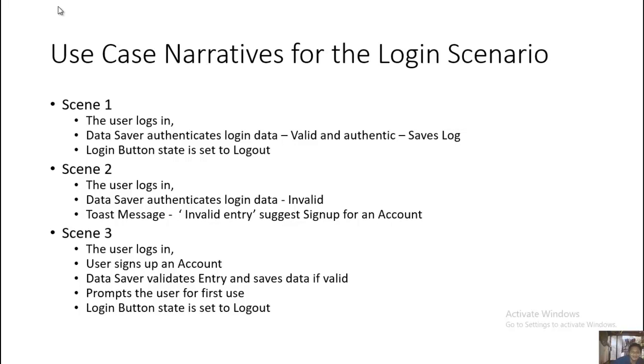If it is invalid, it shows a message of invalid entry and suggests signing up for an account. Scene 3: the user logs in, the user signs up an account, the data saver validates entry and saves data, and if valid, prompts the user to first use, and then the login button state is set to log out.